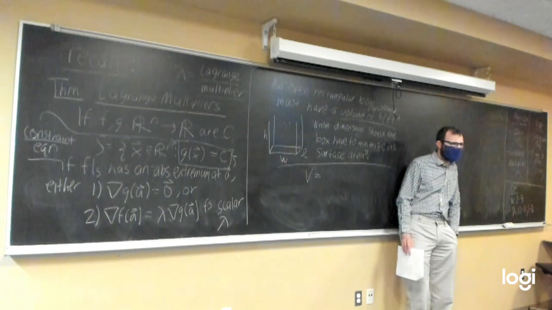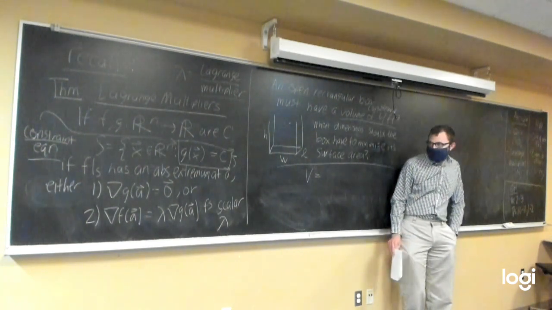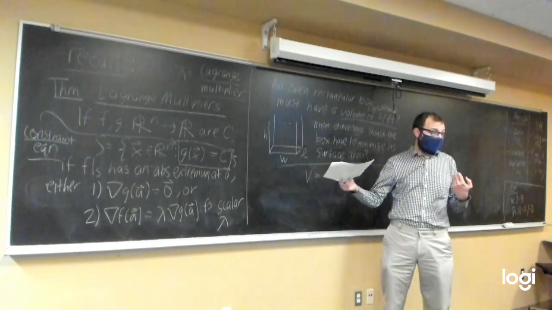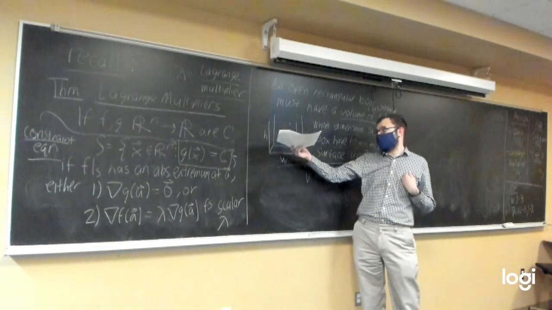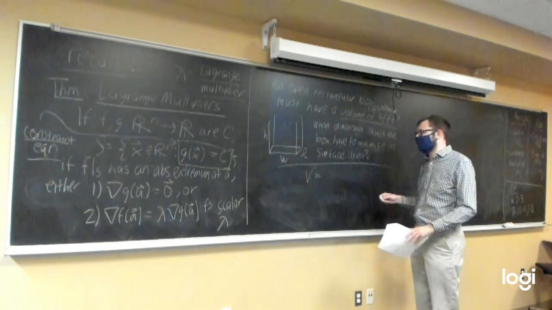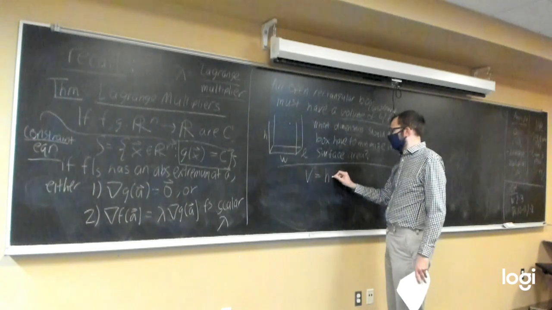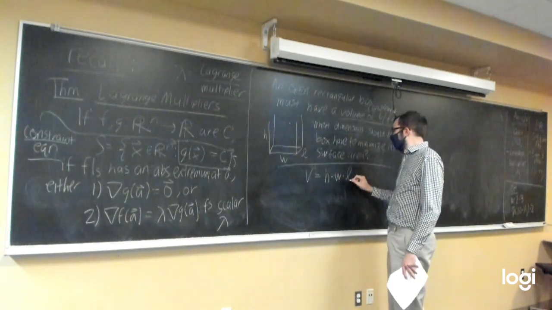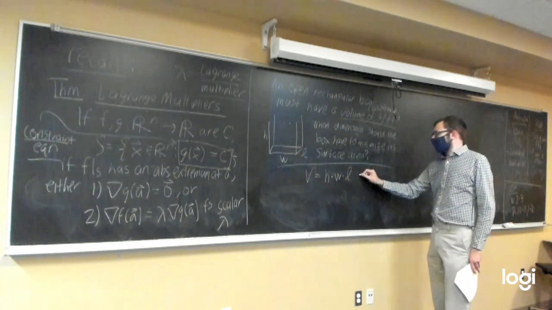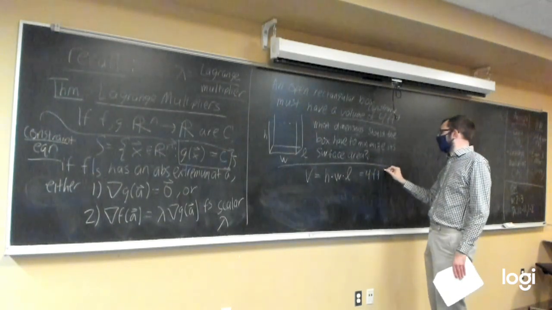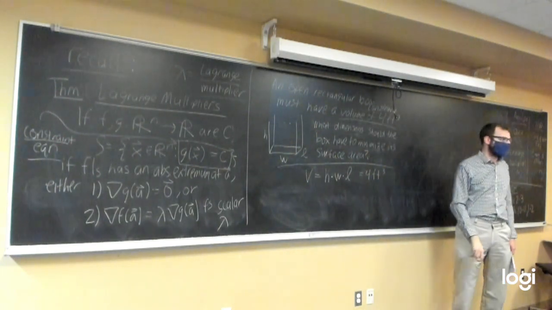Yeah? Multiply them all together, so height times width times length equals volume. Yeah, it's a rectangular box, so the volume should just be height times width times length. And according to the problem statement, this should be equal to 4 cubic feet.